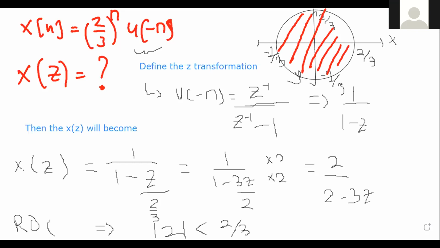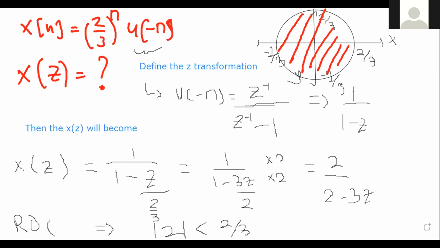Actually, I get this z power minus 1 divided by z power minus 1 minus 1 from the internet. So we can simplify this equation to 1 divided by 1 minus c.